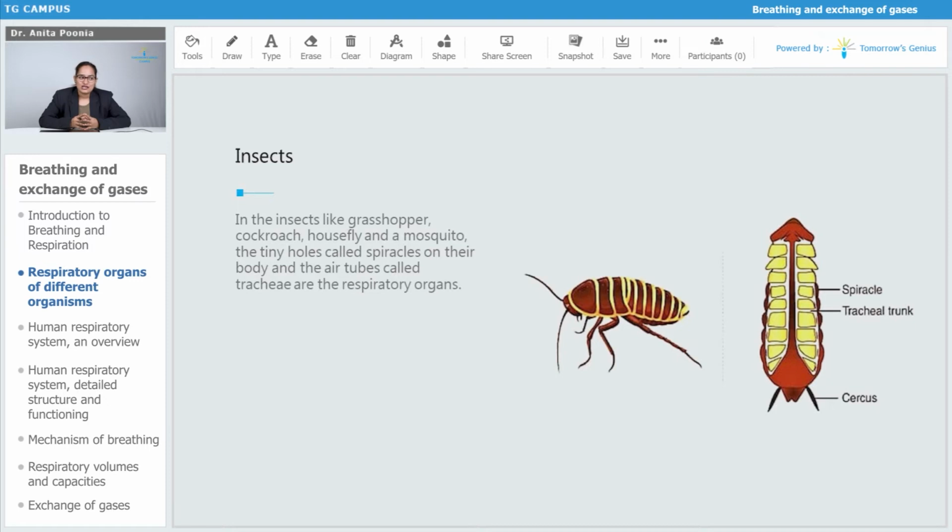In the insects like grasshoppers, cockroaches, houseflies and mosquitoes, the tiny holes called spiracles on their body and the air tubes called trachea are the respiratory organs with the help of which respiration takes place. So you could see in the cockroach, this is the tracheal trunk, and these are the spiracles.